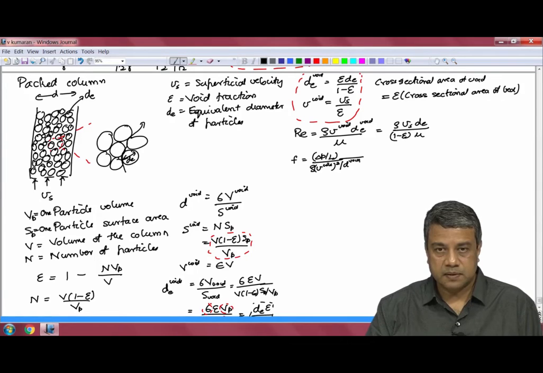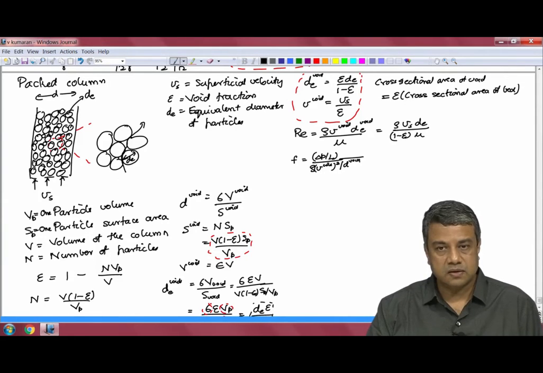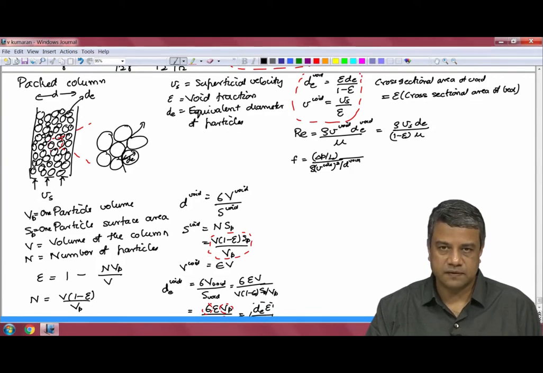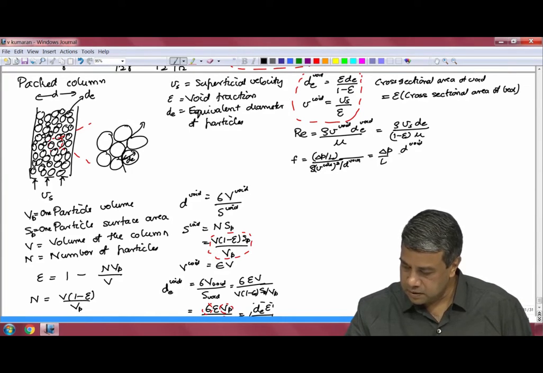The kinetic energy per unit volume. Note that usually when we define a friction factor or drag coefficient, we take half rho v square. In the literature on packed beds, the half factor is not included. So, we write it without the factor of a half. So, this is equal to delta P by L times d void by rho V void whole square.